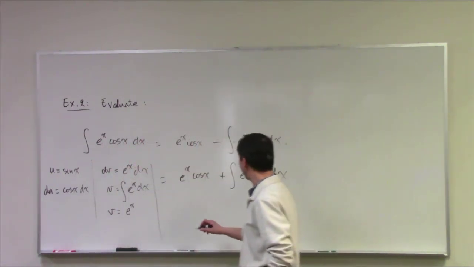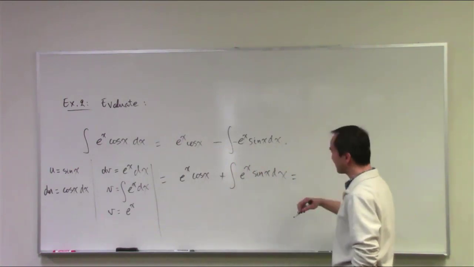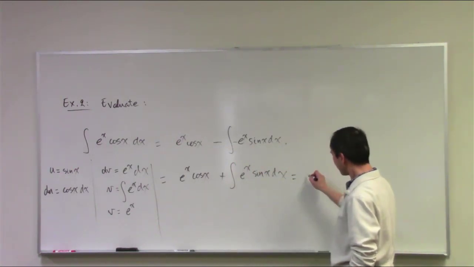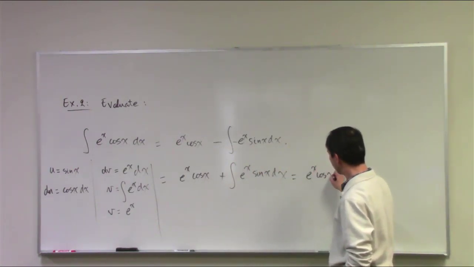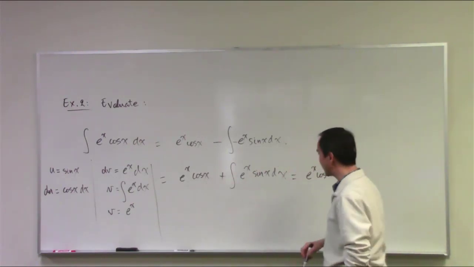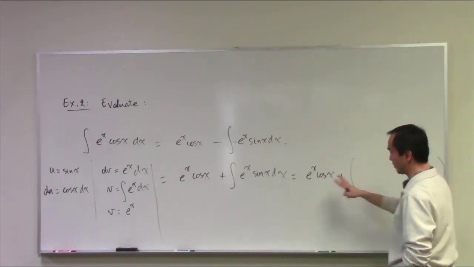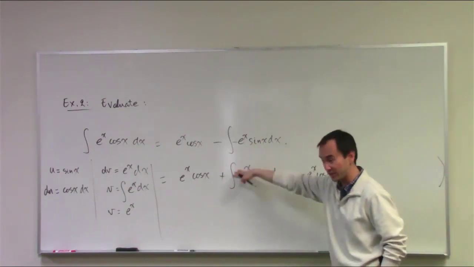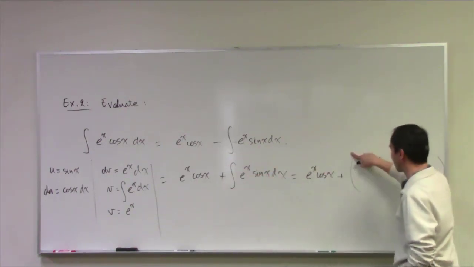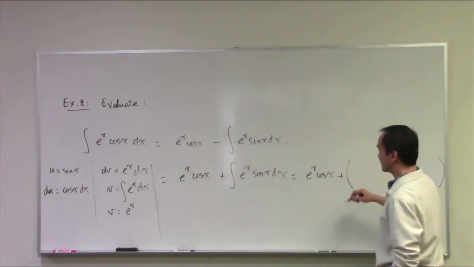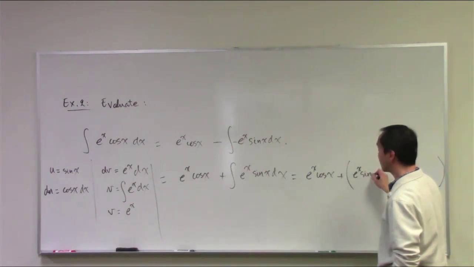Okay. And so in my next step, the integration by parts tells me I can do this: e to the x cosine of x came out from the term that we're already done with, plus, let's leave parentheses here for the work of integration by parts just on that integral inside the parentheses. So it's going to be e to the x times sine of x. Are we good? Okay.